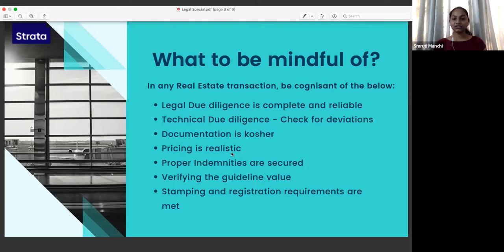A technical due diligence is also extremely important, because once you have gone ahead and made your purchase, you do not want to encounter unforeseen expenses, say, for example, a deviation that you now have to regularize, because your property is not getting tenanted because there are deviations that need to be regularized, etc. So in such events, you definitely need to do a proper technical due diligence.